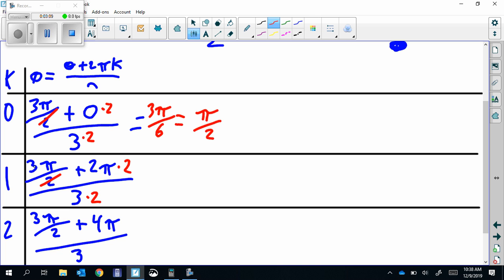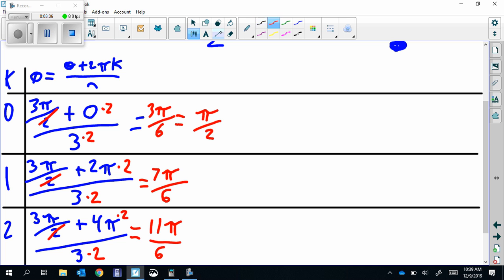So that's 4, 7 pi over 6. That does not reduce. Multiply by 2, multiply by 2, multiply by 2. So that's 8, 9, 10, 11 pi over 6. So that does not reduce.